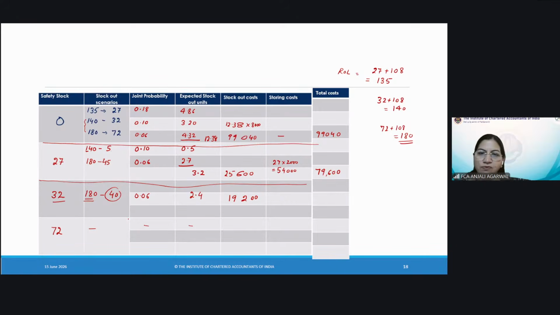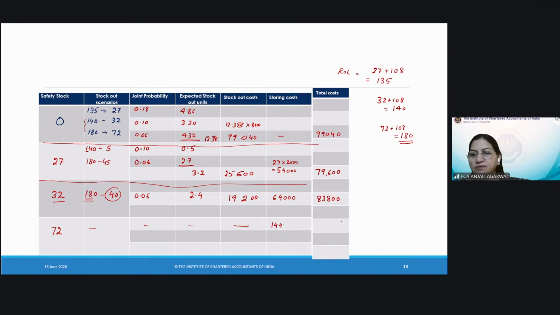Which one is the least? So what should be the right decision? To keep 27 units. So our safety stock should be 27 units. And we are that way taking a risk of 16%. We are okay with a stock out situation when we are having 140 units or 180 units consumption, which has a probability of 0.10 and 0.06.